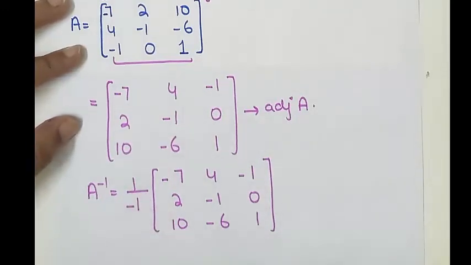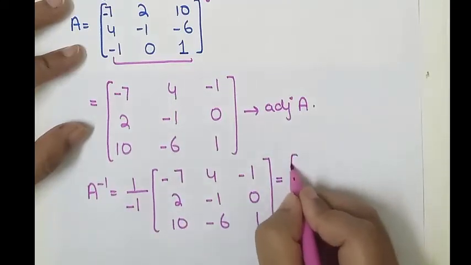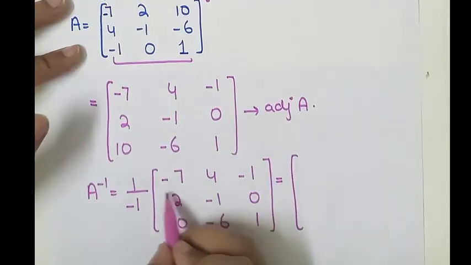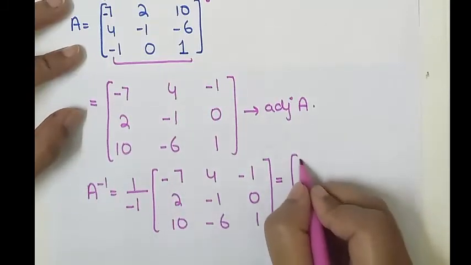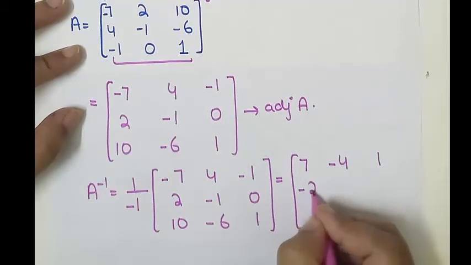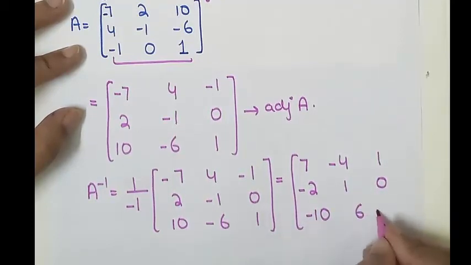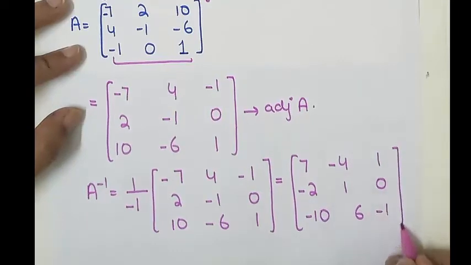So 1 over -1 is -1. Now we will multiply -1 into the whole matrix, and when minus multiplies with this minus, we have plus. So we have 7, -4, 1, -2, 1, 0, -10, 6, and -1. This is the value of A inverse.